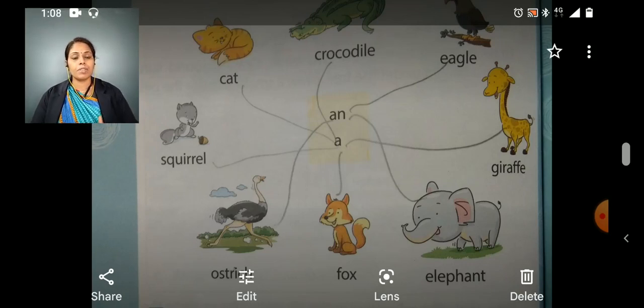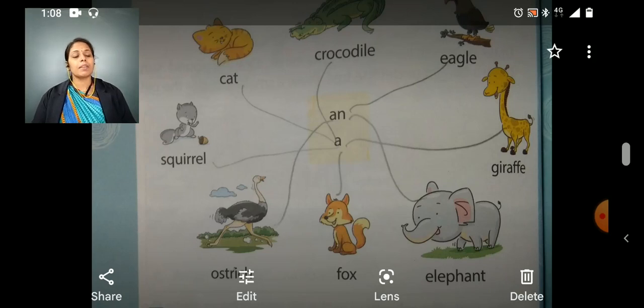In ostrich, the first letter is O, so an ostrich. Squirrel starts with S, so we can say a squirrel. And the last one is the cat. The first letter of cat is C, so we can say a cat. So in this way we have completed this exercise.